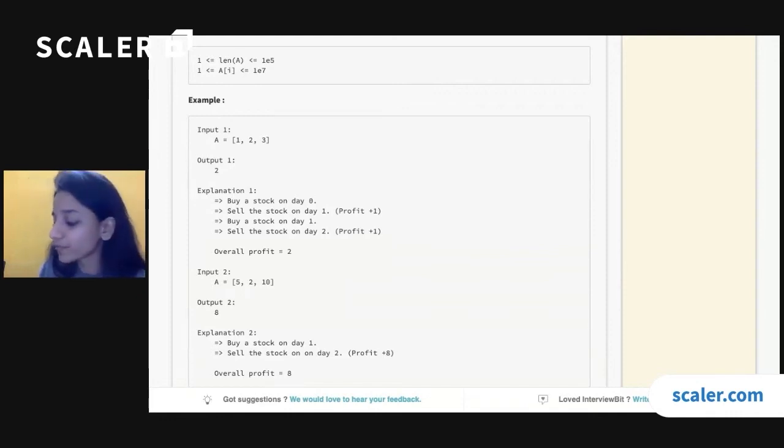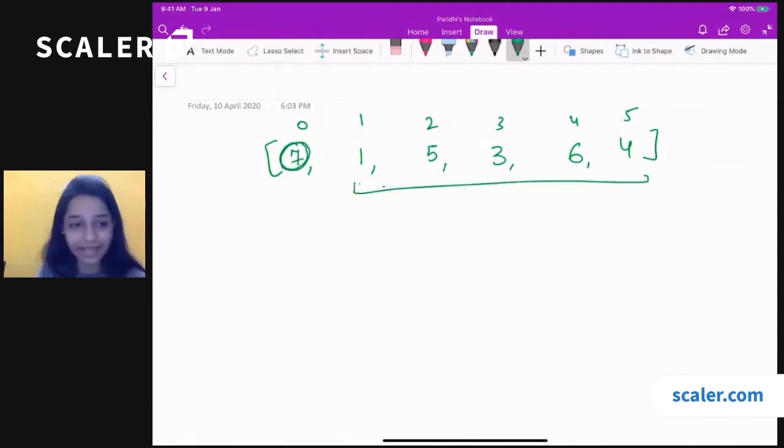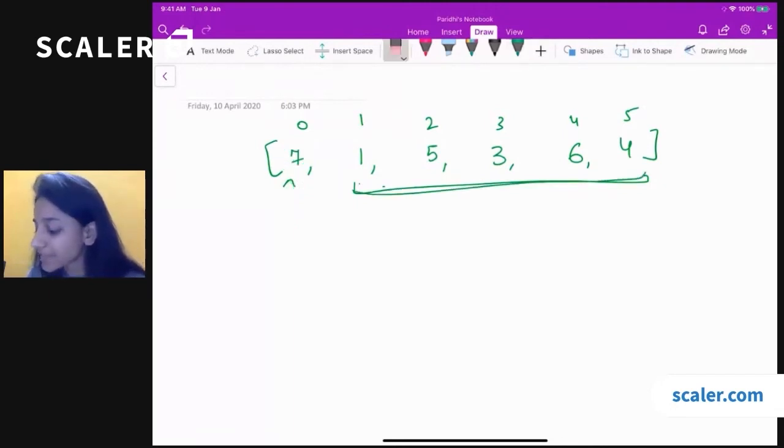I can buy the stock here at day 0, and then see when I can sell it. If I buy at the 0th day, can I sell at any day? No, because this price is greater than every other price, so I cannot simply sell this stock.